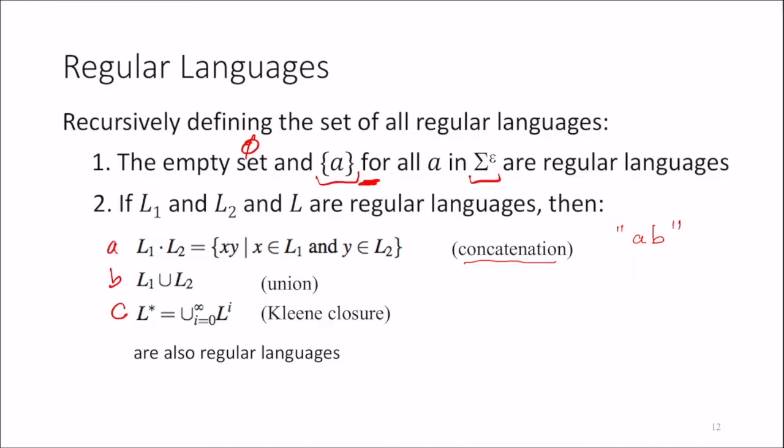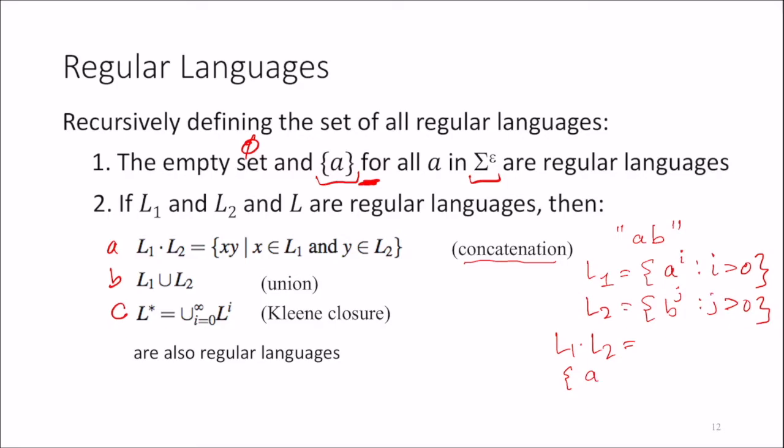So what this says is if I have a language L1, and let's say L1 is all the A's that you can have, a^i, i greater than 0. And I have L2, which is b^j, and j greater than 0. Then if I concatenate all the strings from L1 and L2, I would get L1.L2, which is equal to: I take a string from L1, which is, let's say, 1 A, and I take a string from L2, let's say 2 B's, and I concatenate them together.